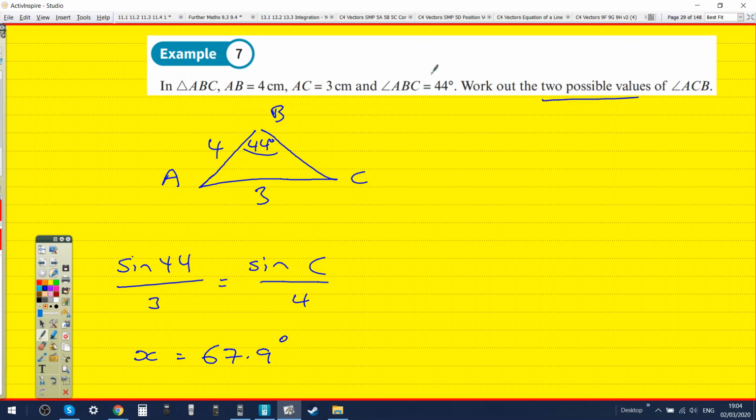Any idea how you get the other one? Would we somehow find what A is and then do 180 minus 44 minus whatever A is? It's for sine. The second answer is always 180 minus the first. So 180 minus what we just found.